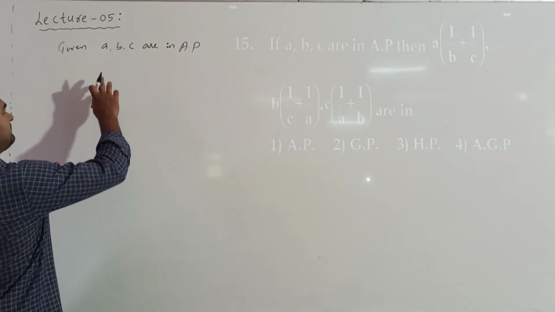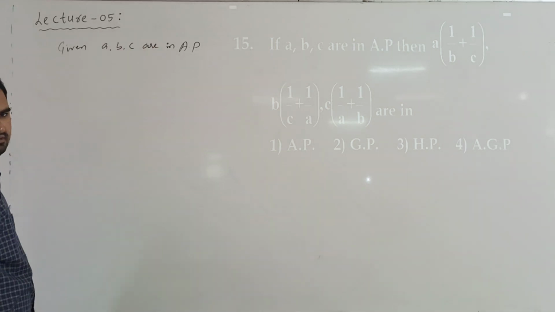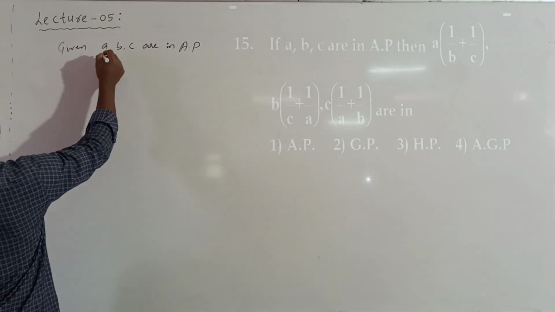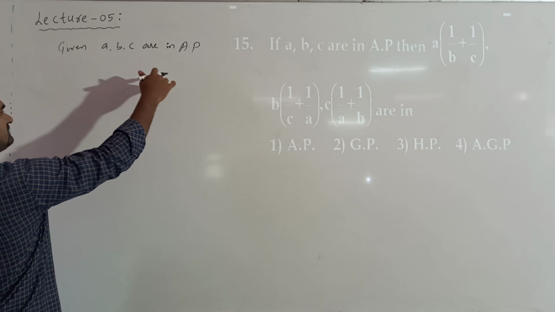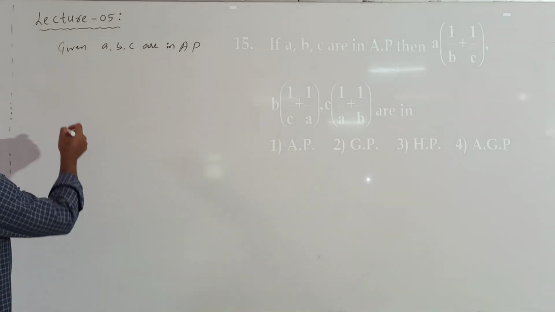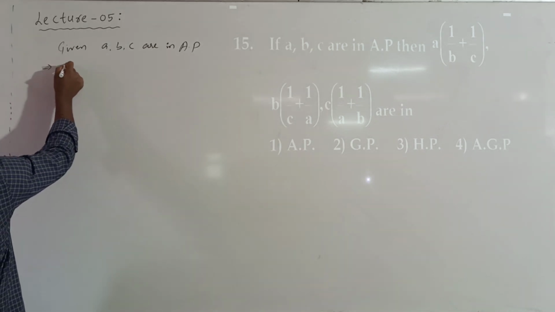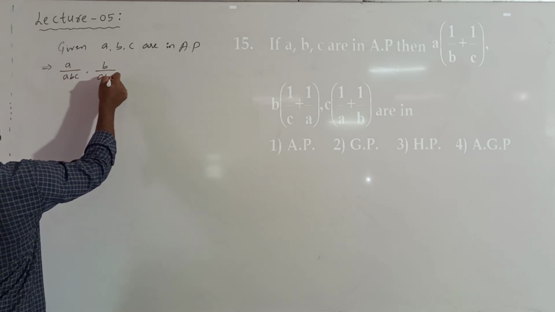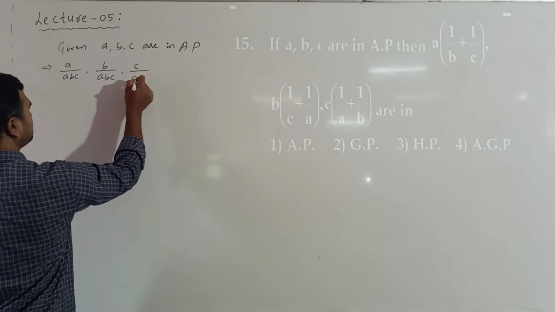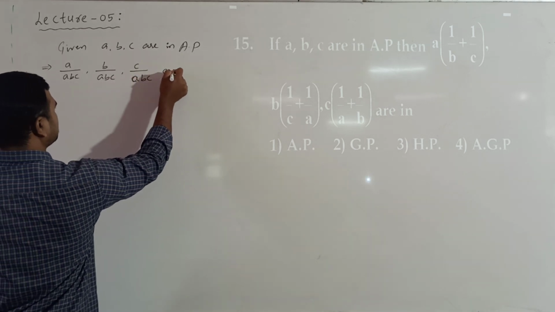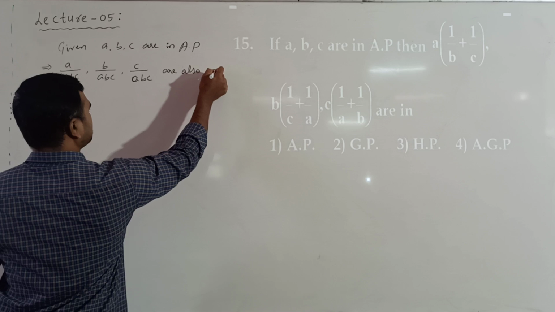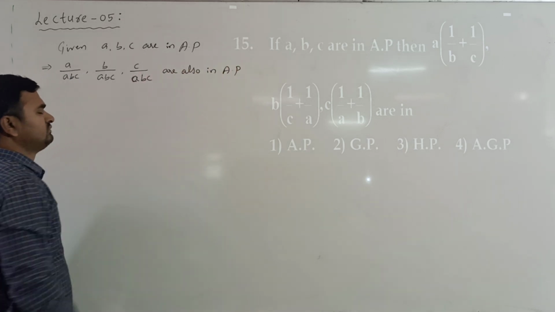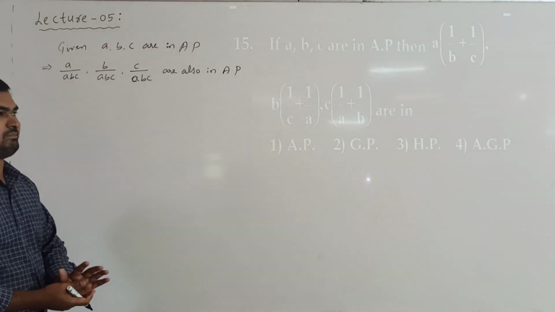So let us divide each of the terms by ABC. Still the resulting sequence will be AP only. So A divided by ABC, B divided by ABC, C divided by ABC are also in AP.